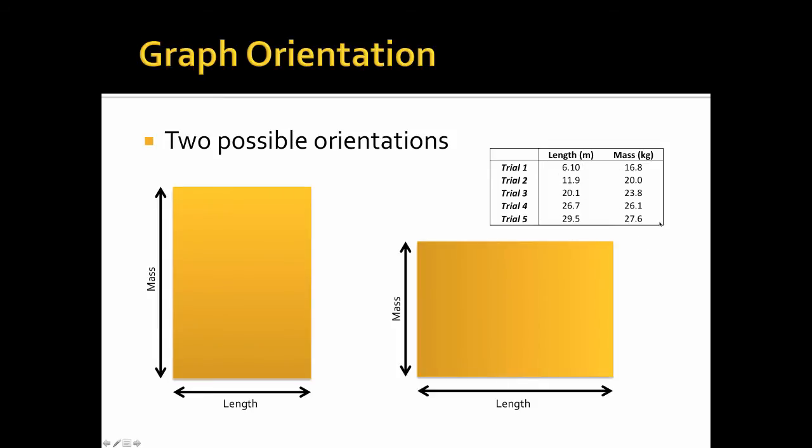And here our mass has a range of 16 to about 28. So that's a difference of about 12. Well, the larger difference of 25 should go on the larger edge. So our length needs to be on the longest edge of the paper to make this graph as accurate as possible. Therefore, we're going to choose the landscape version for this particular set of data.